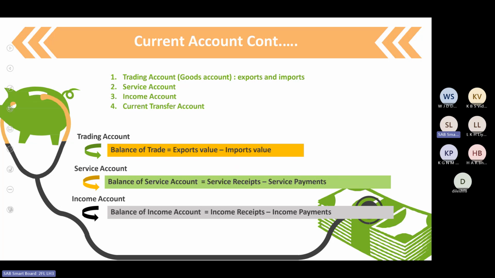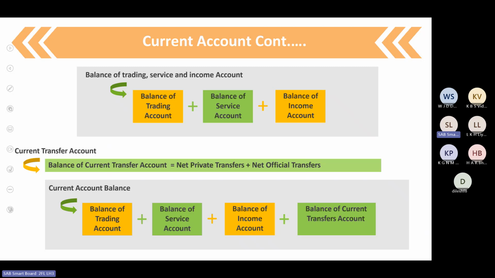You can see there are 4 components of current account: trading account, service account, income account, current transfer. So then you can take the balance of all these accounts and add them together. Right? So the current account balance will be the balance of trading account plus balance of service account plus balance of income account, plus balance of current transfer account.